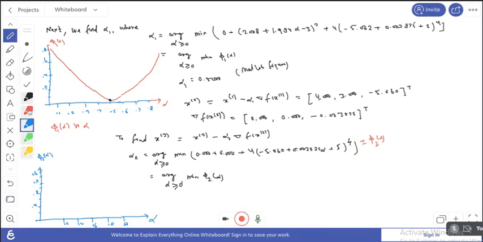If we try to plot this curve, it looks like this, goes to the point 16, and then like that. This point is of order 10 to the power minus 6 here.